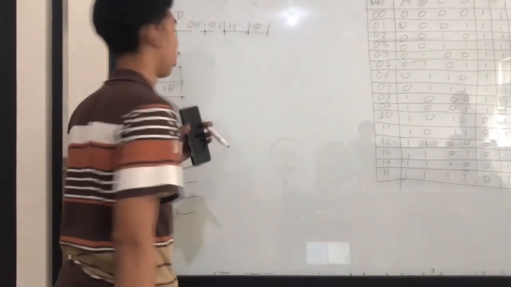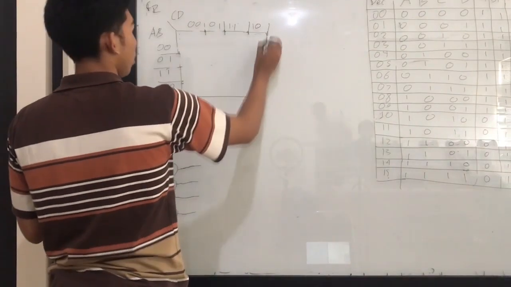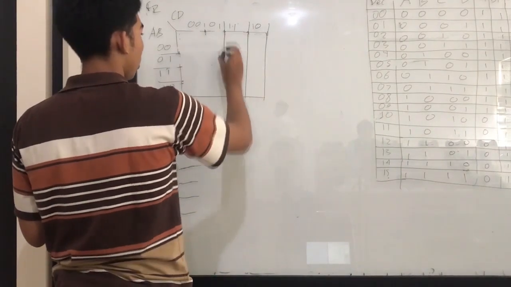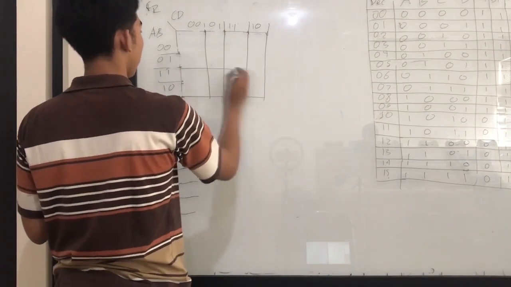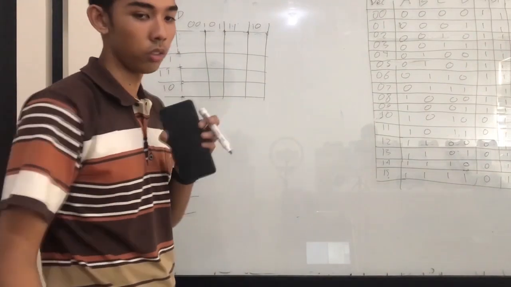Okay, let's draw the kernel map of F2. Okay, let's put the value.